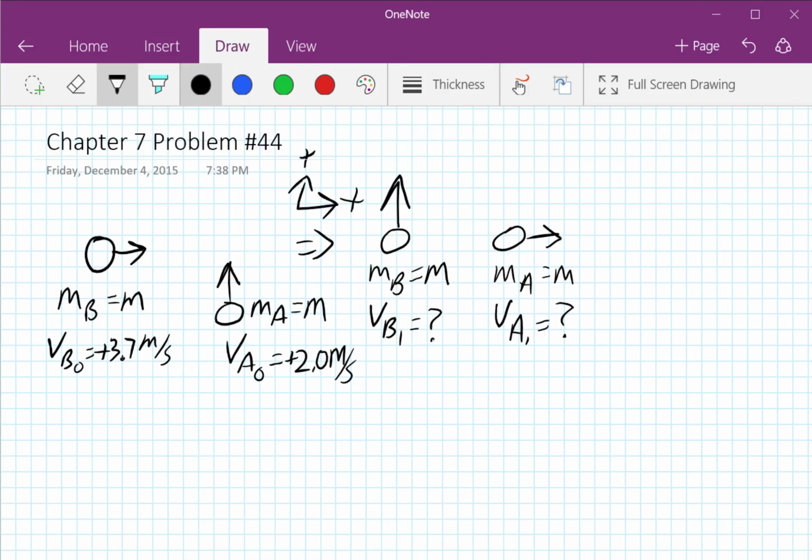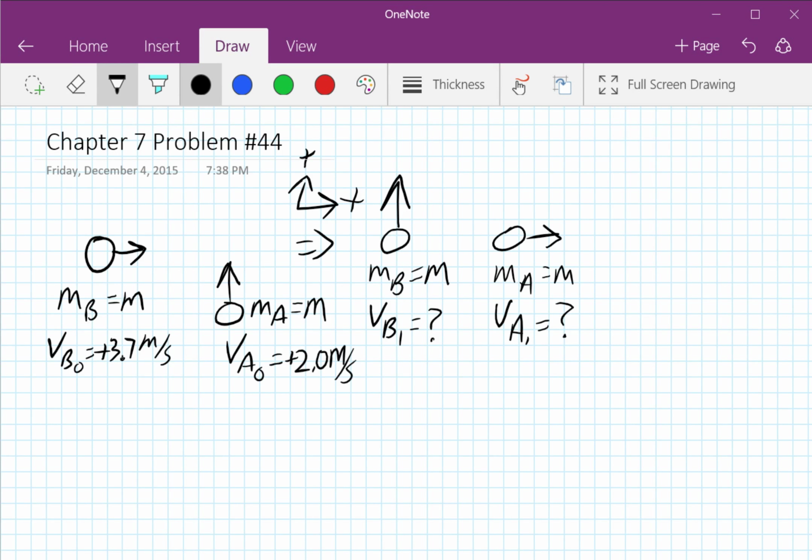Okay, now some of you might be thinking that you need to use the equation from page 176, and that's not the case. Okay, so first thing we'll do is just take a look at it from a momentum perspective, taking the equations that I've shown you before.